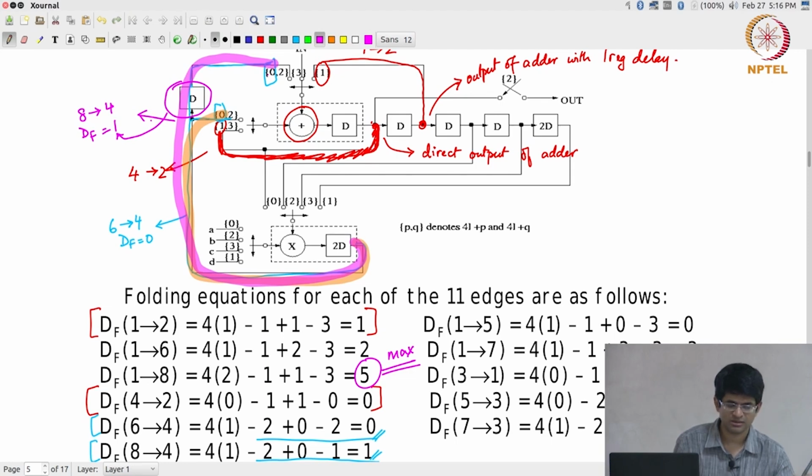For example, if you look at this particular delay element, right, this register out here, it is basically the output of the multiplier being put through one register and then being provided as input to the adder at phase 0 as well as at phase 2, right.